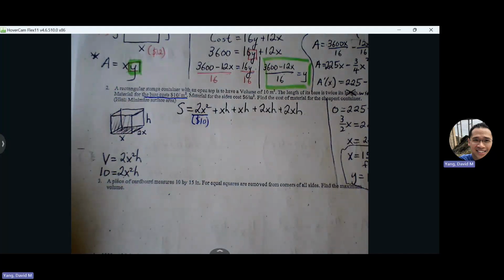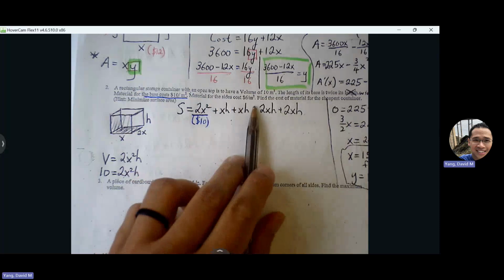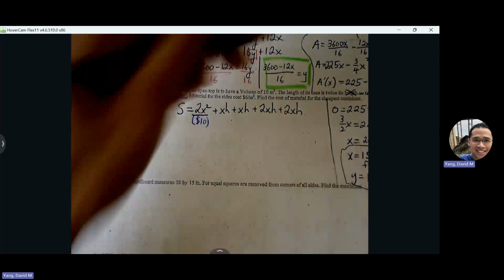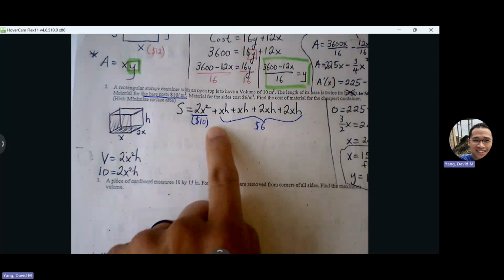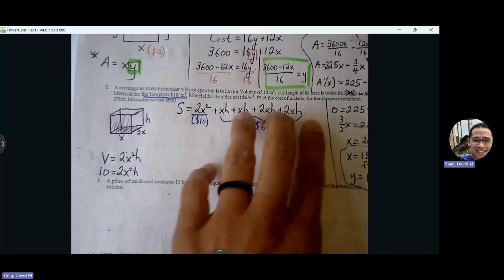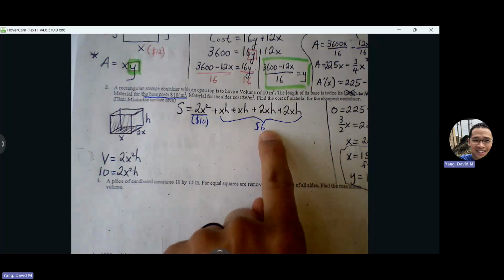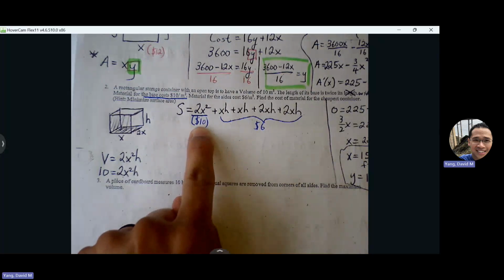We'll do that in a second. The sides cost $6 per square meter, so we just have to multiply those by 6. Each of the surfaces for the sides is a cheaper material than the base.